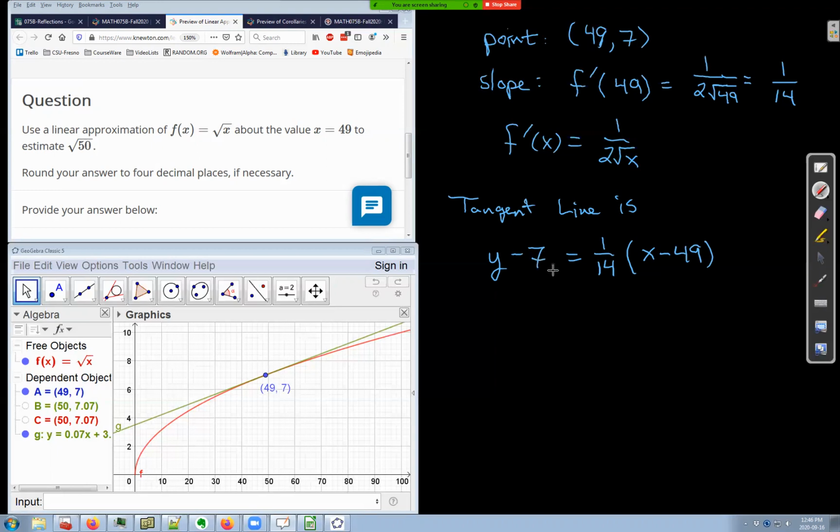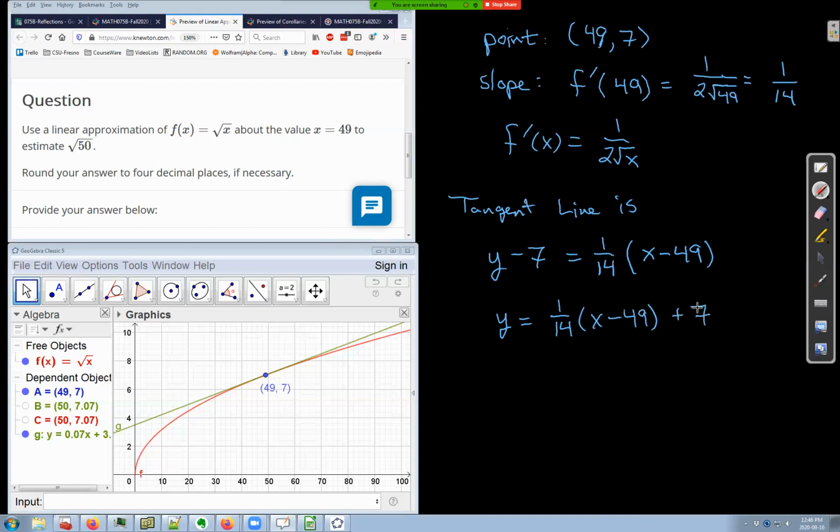And if I wanted to, I could solve this for y. So y is equal to 1 over 14 times x minus 49 plus 7.